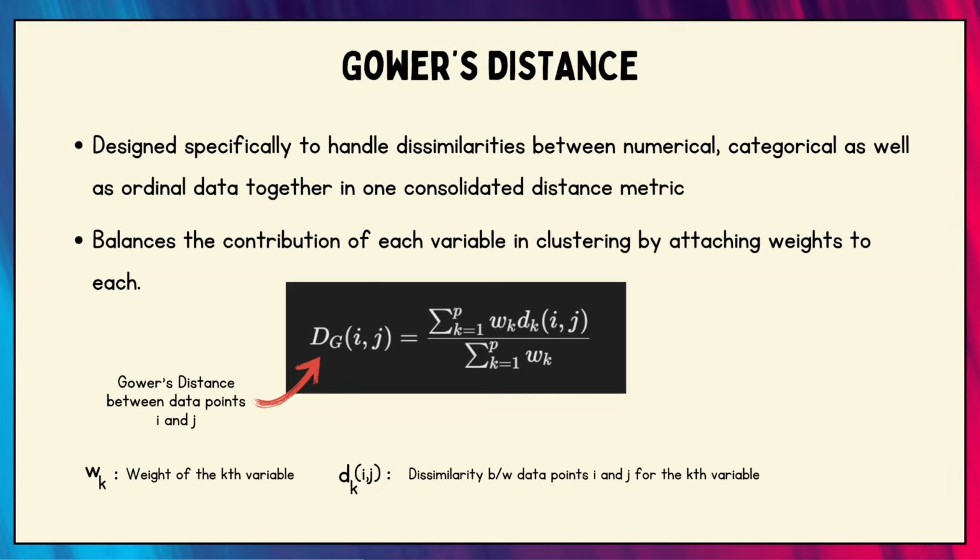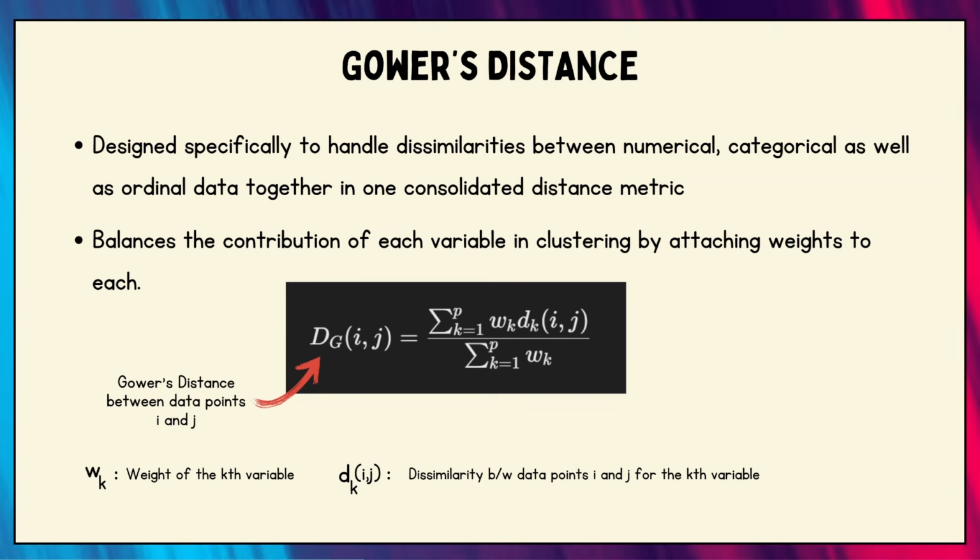So if you want the revenue to contribute more to the clustering than other columns, then we can attach it a higher weight, just like we do in, say, linear regression. You know about weights, right? So w_k is the weight, and small d_kij is the distance, or we can say the dissimilarity.